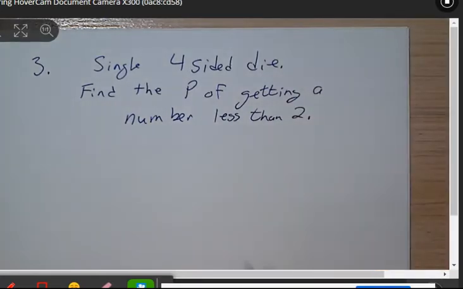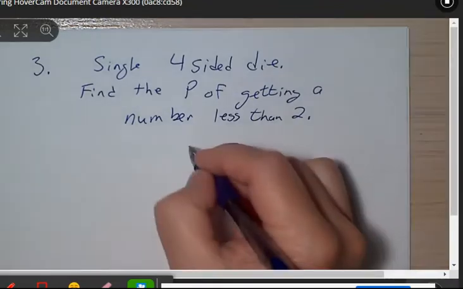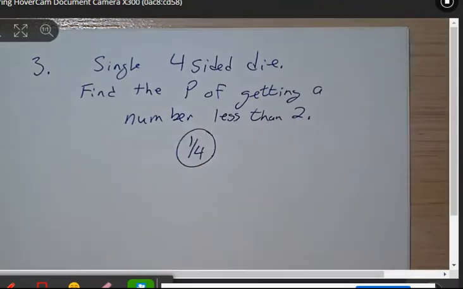Well, if it's a 4-sided die, there's only one number that's less than 2. So that's going to be 1 out of 4.